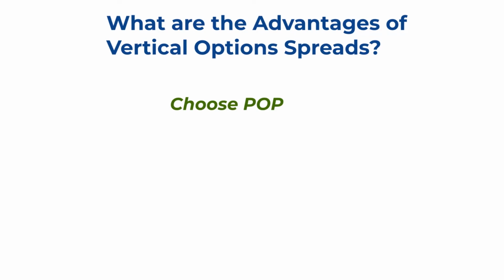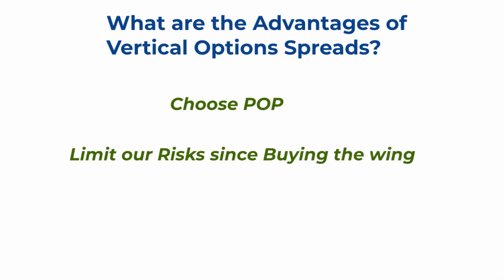If we want to be more conservative, we can choose a 90% probability of profit and be almost guaranteed to make a smaller profit. I prefer to stay around 70 to 75% POP, probability of profit, and collect a good premium up front.